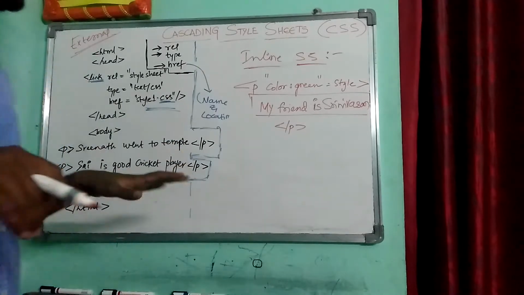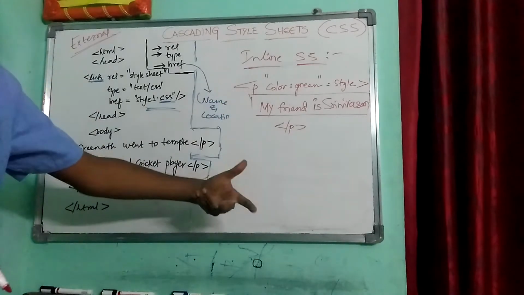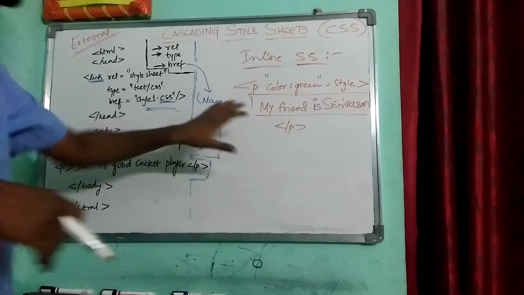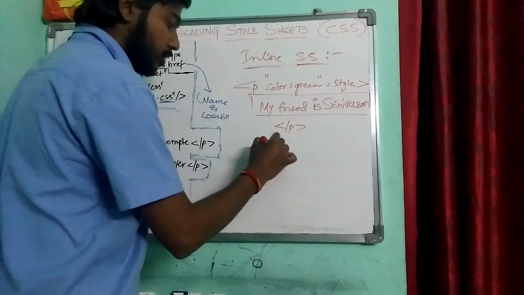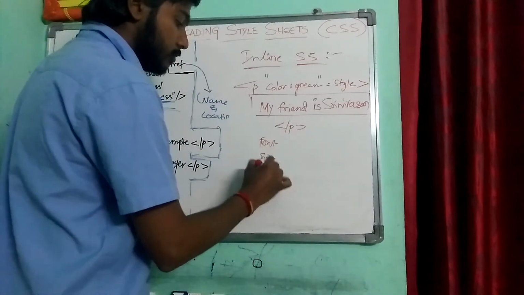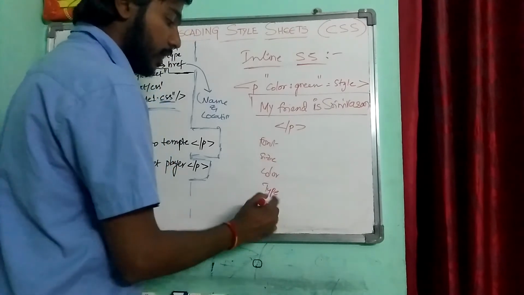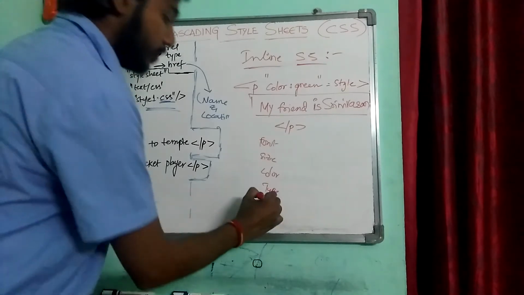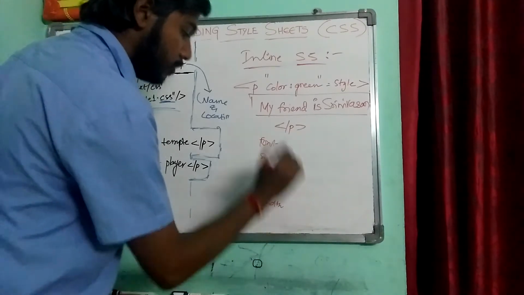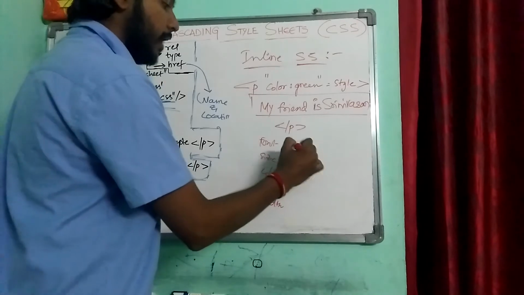Most of the time we use these kinds of attributes: font, size, color, time, width and height.